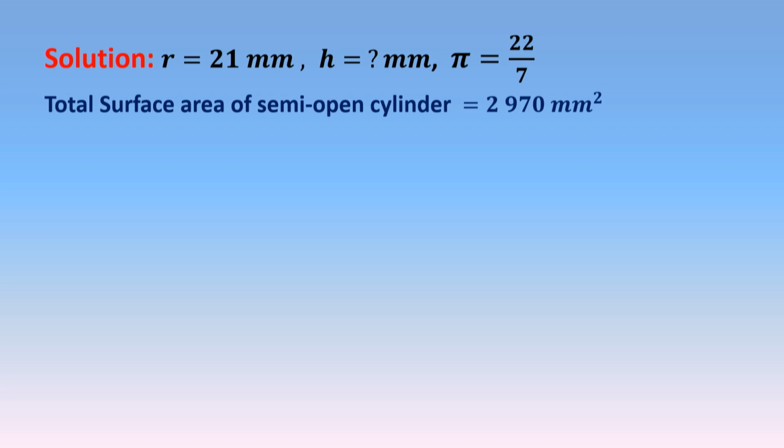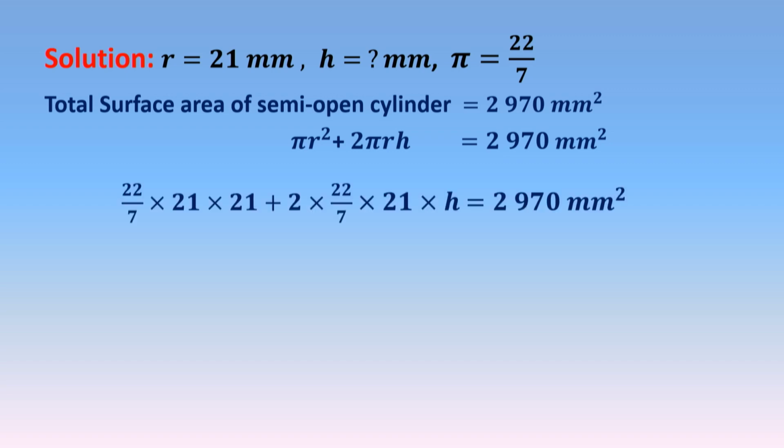2,970 millimeters square. So here, because it is open at one end, we are going to have πr² plus 2πrh equal to 2,970. So replacing the values of r by 21, pi by 22/7, we obtain 22/7 times 21 times 21 plus 2 times 22/7 times 21 times h equal to 2,970.